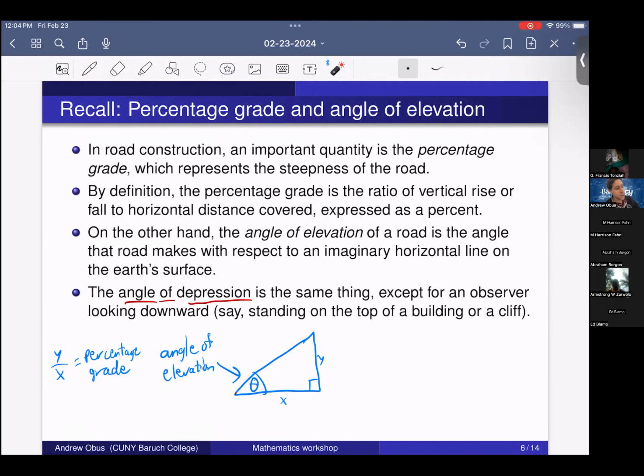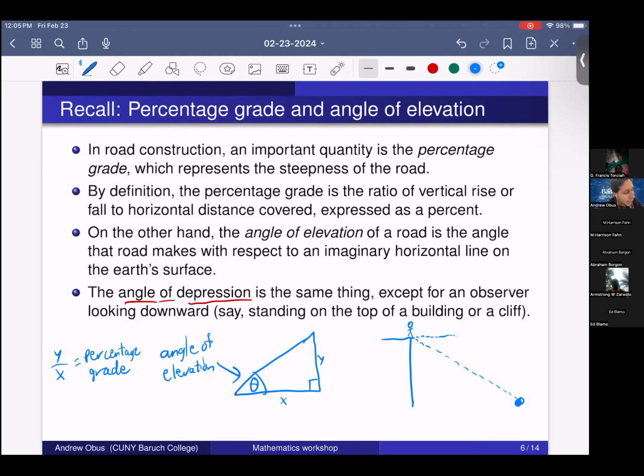Now you have somebody standing at the edge of a building or on a cliff, and you have a vantage point over here. This person is looking down to this point. So what's the angle of depression?